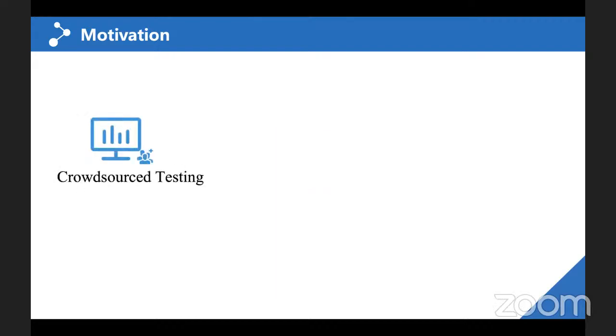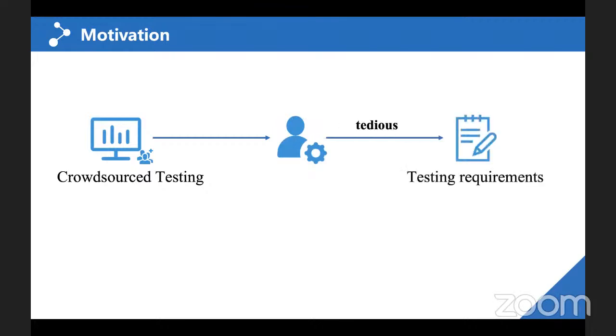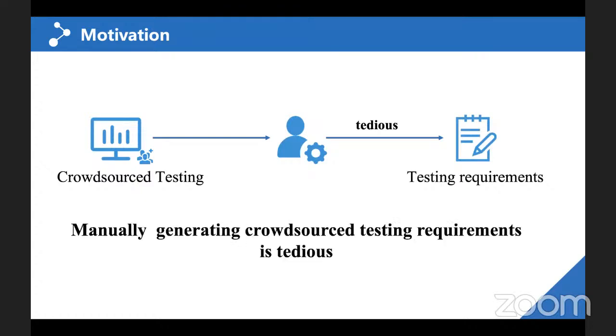In the traditional crowdsourced testing process, crowdworkers follow the introduction in the test requirements to complete the test task. However, manually generating test requirements is tedious for the requesters, who must gather domain knowledge of the target application.